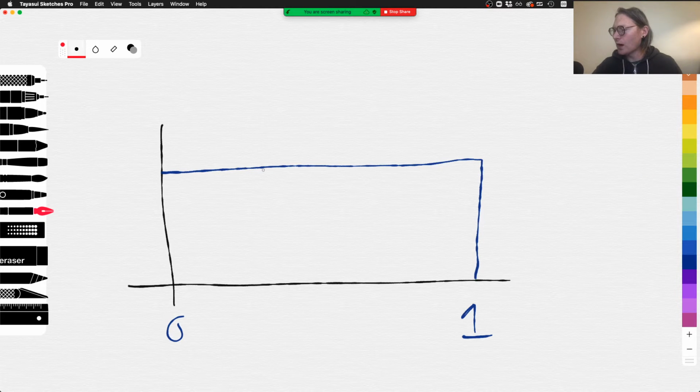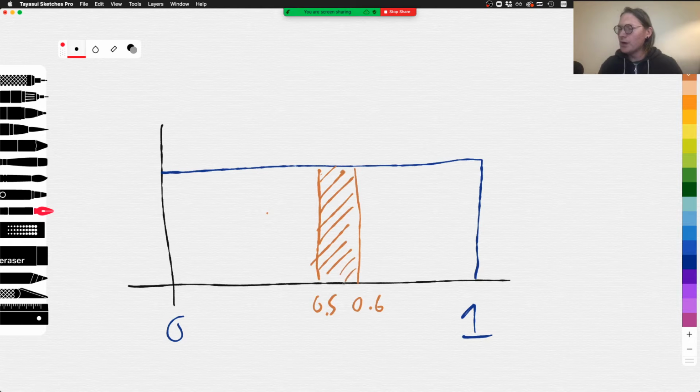And so why don't I do, say this is 0.5 to 0.6. What is the probability in a continuous uniform distribution of pulling a value between 0.5 and 0.6?